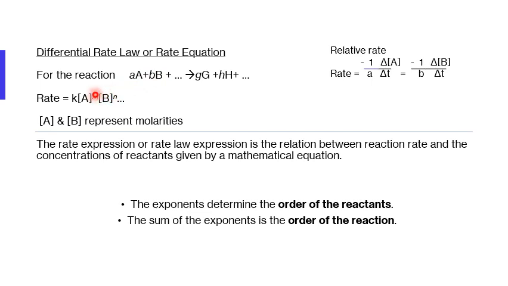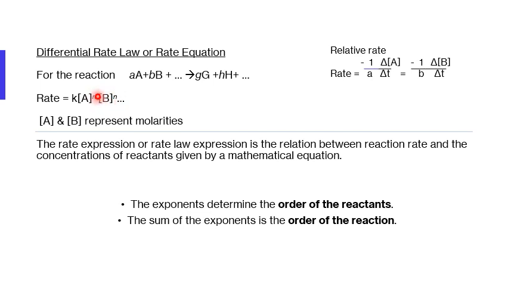So here m stands for the order of the reactant A, and n stands for the order of the reactant B. And when you add m and n, the sum of the exponents, we call that the order of the reaction. So what it is telling us about the order is how fast the reaction is going to happen in terms of A. And with respect to B, how fast the reaction is going to happen.